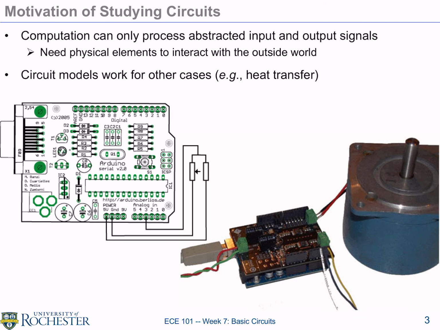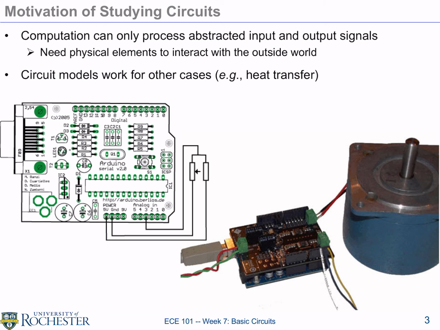Of course, why do we do this? It's not difficult to see. If we only have a computer and we don't have any circuit, we can do abstract computation, but how do we control the world? How do we have actuators?